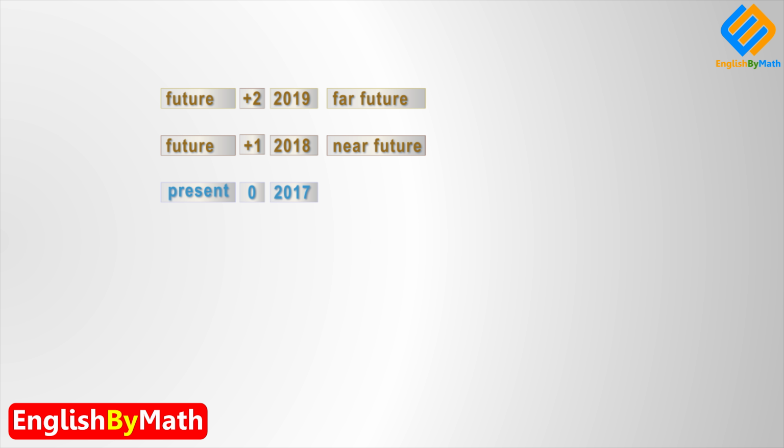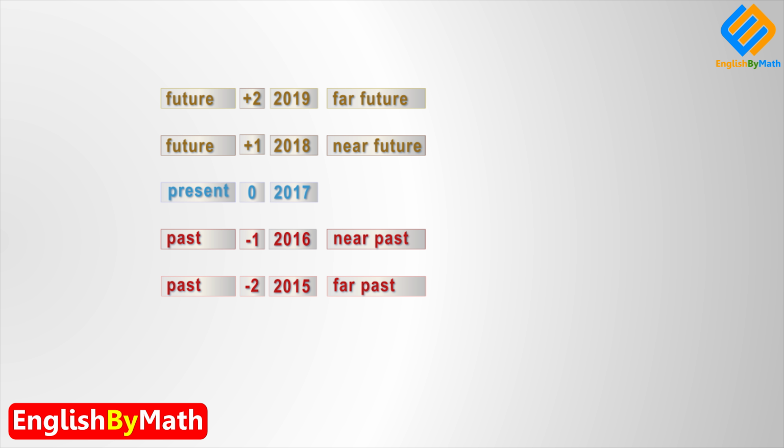On the other side of the time scale, 2016 is the first year in the past, or minus 1, or near past. 2015, which equals minus 2, is also past, or more precisely, far past.